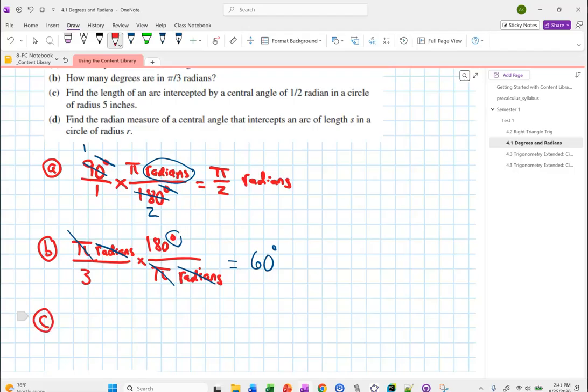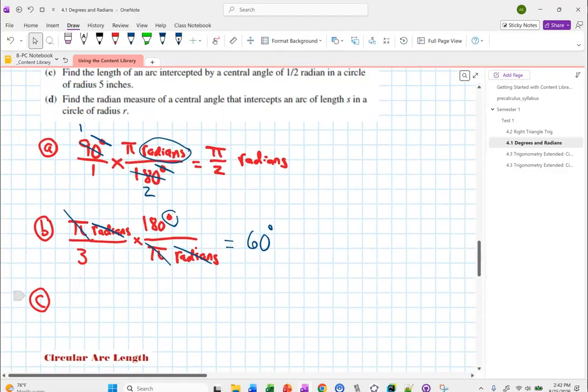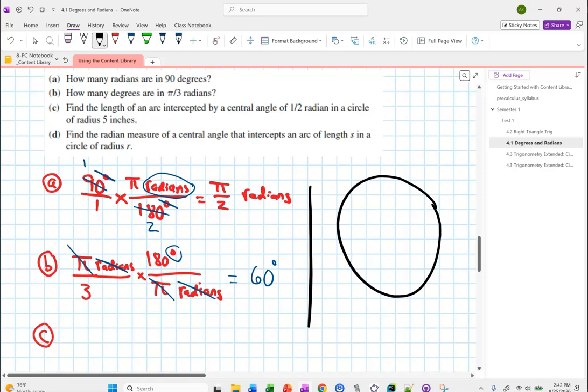Okay. Part C says, find the length of an arc intercepted by a central angle of 1/2 radian in a circle of radius 5 inches. Oh my gosh, Mr. Kulik, this is like a whole thing. Well, I'm going to draw ourselves a picture. So here's my circle.